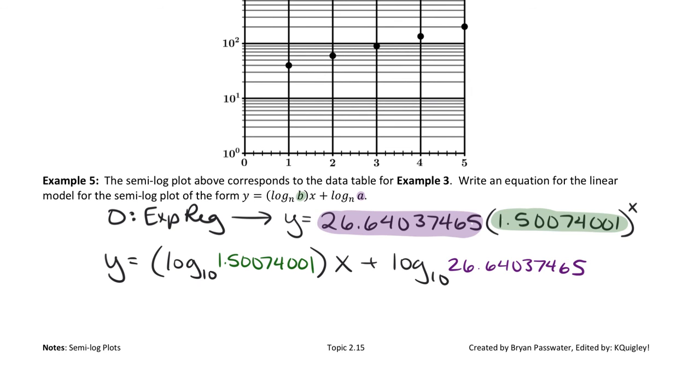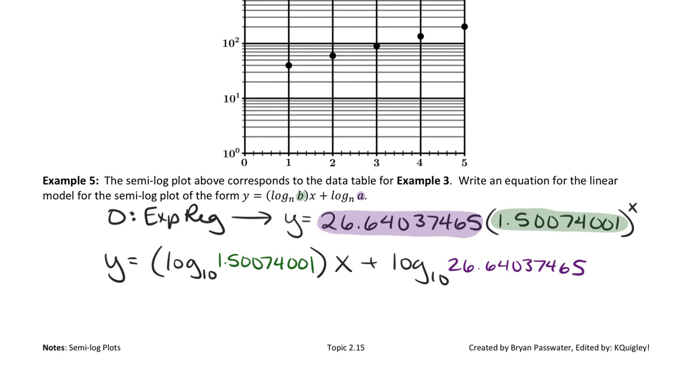Good thing we're almost at the end of this problem because now I can find the slope and the y-intercept for this data by just typing log base 10, which is your common log, special button on the front, log of 1.500740001.